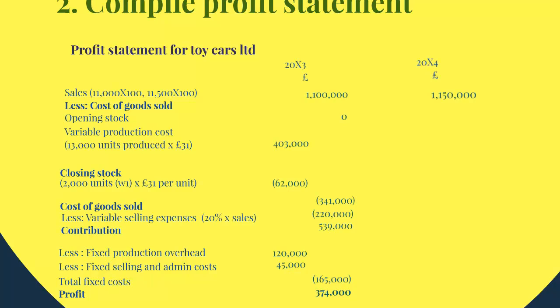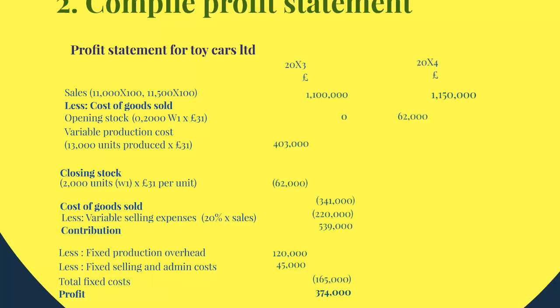Now in the second year, we sold 11,500 products, again at £100 a unit, giving us 1,150,000 in sales. And again, we work through our cost of goods sold. Now, this time we add our opening stock at the start.